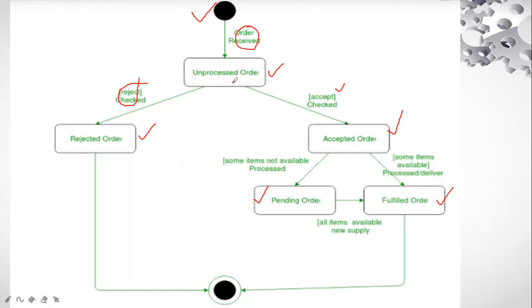The main focus is the state of the order. And we have only shown the event due to which the change in the state of the order has been occurring. We are not focusing on how this is being done, how the order is received. We are not working on that.